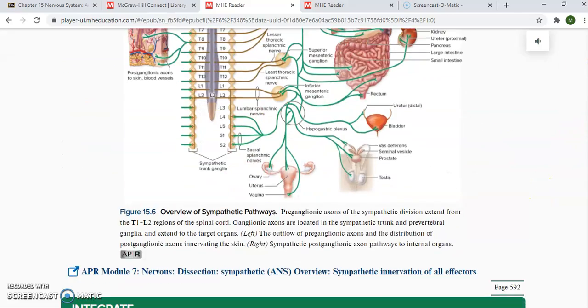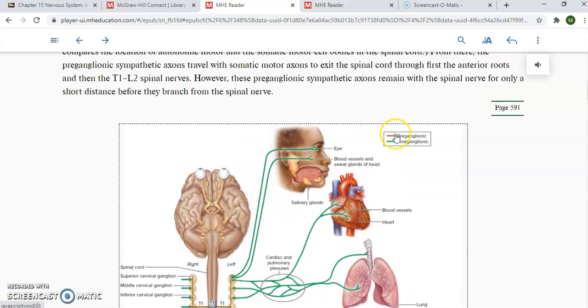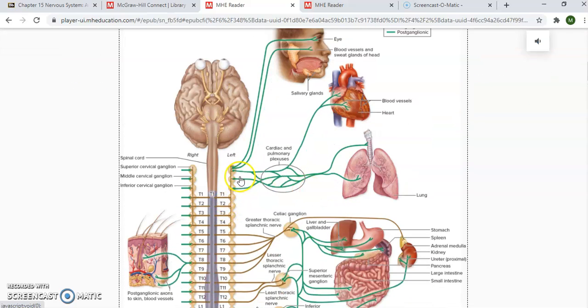So realize that the sympathetic has that same setup. There's a motor neuron, and they're brown, so those are the pre-ganglionic ones. And then you'll have the second motor neuron that's after the ganglion, and we call that the ganglionic neuron or the post-ganglionic motor neuron. So that's a similarity between the parasympathetic and the sympathetic motor neurons.